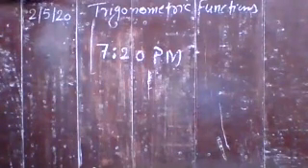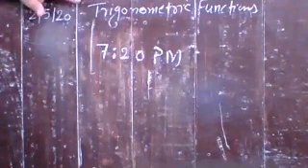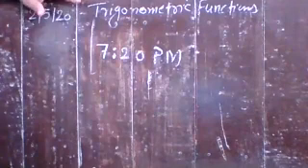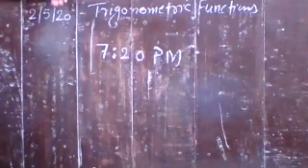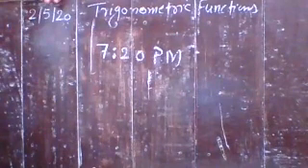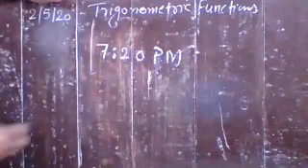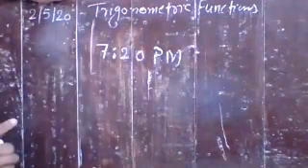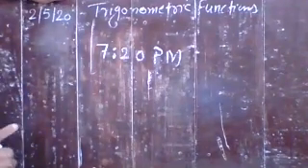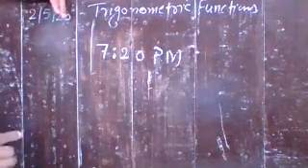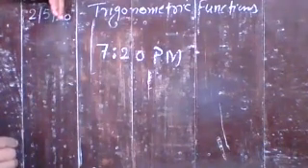Understand? Okay. So you well know that on a clock at 12 o'clock the minute hand and the hour hand coincide with each other. They coincide, which means they make 0 degree angle to each other. So here at 7:20, what will be the angle between them?